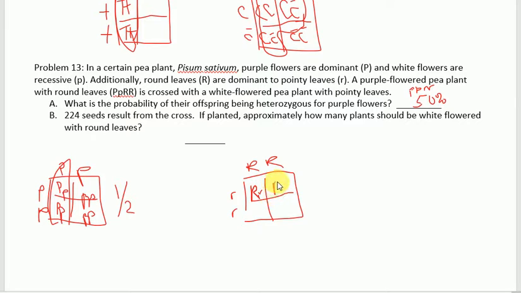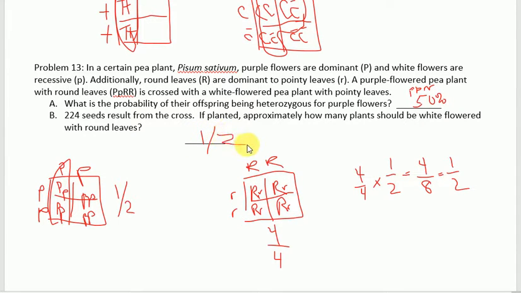So if we do that cross, then we know that 100%, 4 out of 4, right? So if we take that 4 out of 4 times the 1/2 for the white, then that gives us 4 out of 8, which is 1/2. So here our answer would be 1/2.